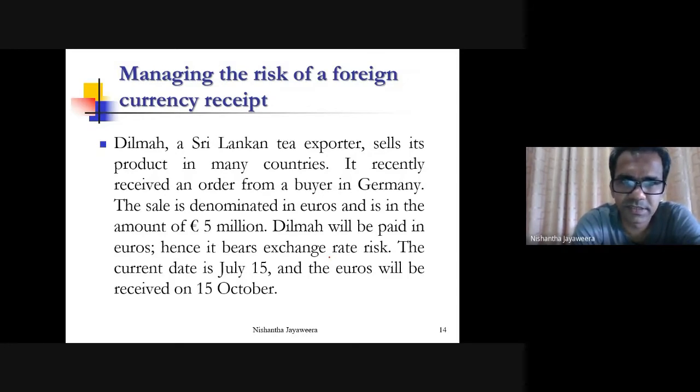So in the first example, I have considered an exporter. Exporters have foreign currency receipts. In this case, a tea exporter to Germany. Germany uses the euro, so the contract is in euros. Assume they are expecting 5 million euros. So the German buyer will pay the local exporter in euros.